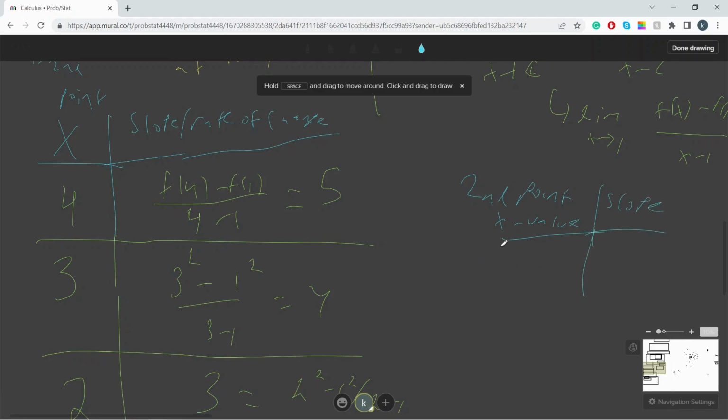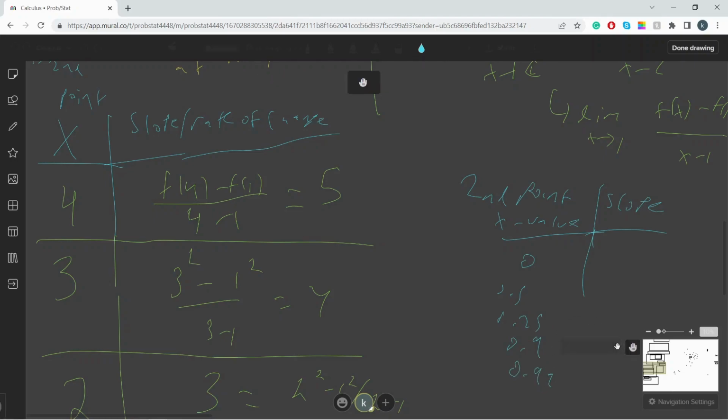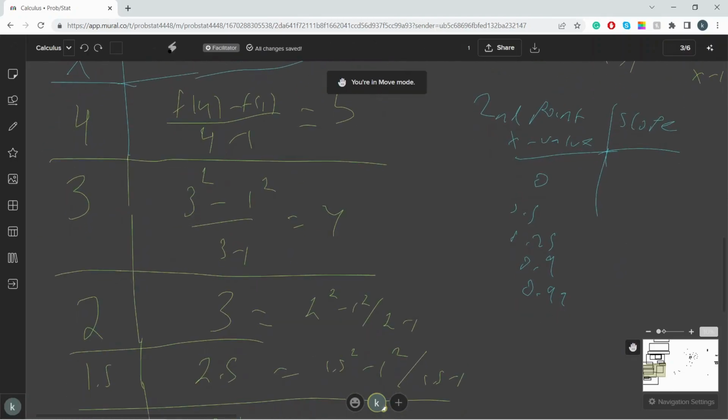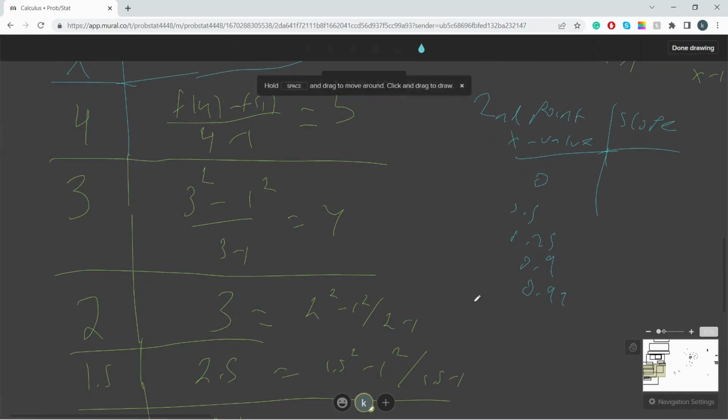So we'll take second point x values of 0, 0.5, 0.75, 0.9, 0.99, and 0.999. At x equals 0, the slope would be 1, because 0 squared minus 1 squared, all divided by 0 minus 1, is going to be 1.